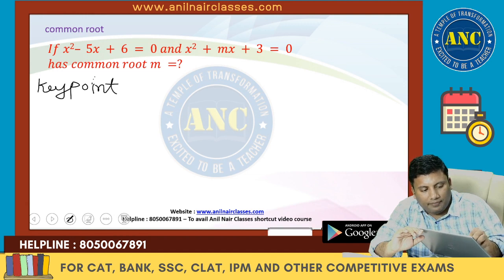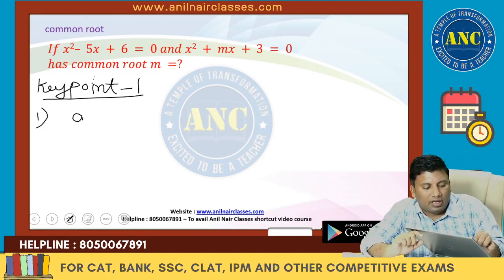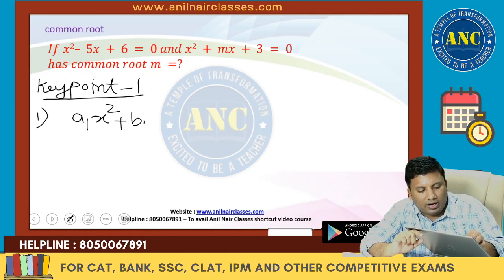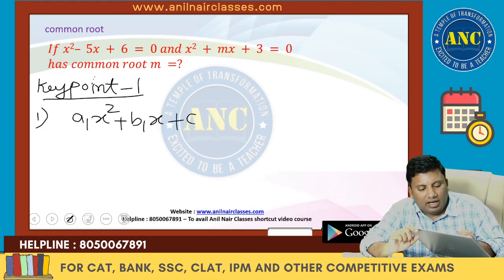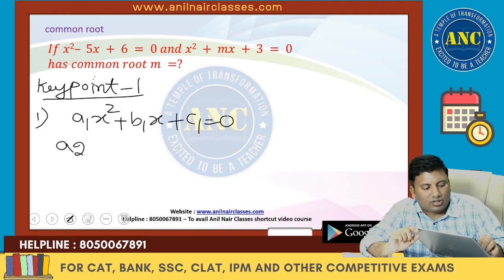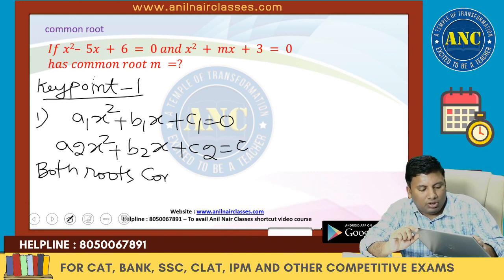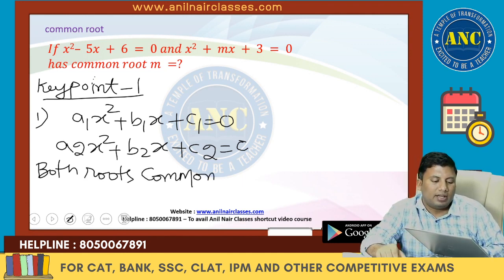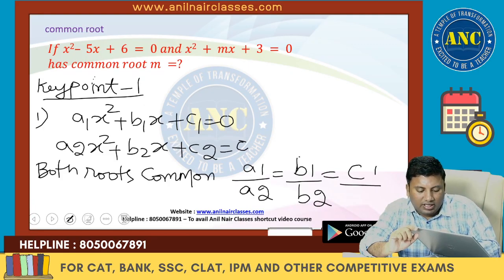If the equations are a1x square plus b1x plus c1 equivalent to 0 and a2x square plus b2x plus c2 equivalent to 0, if both the roots are common, the answer will be a1 by a2 equivalent to b1 by b2 equivalent to c1 by c2.